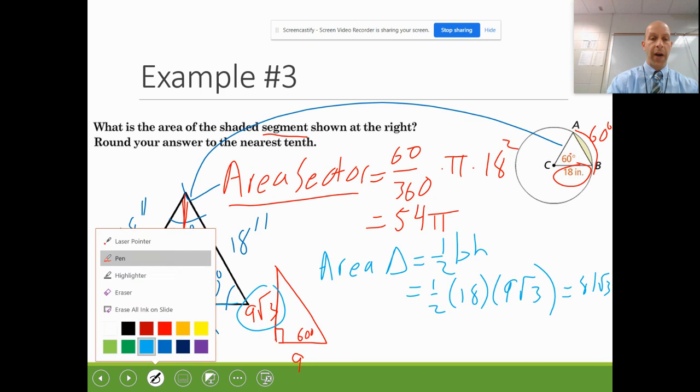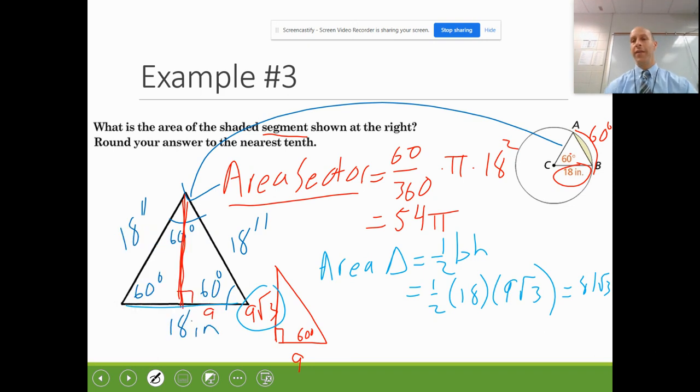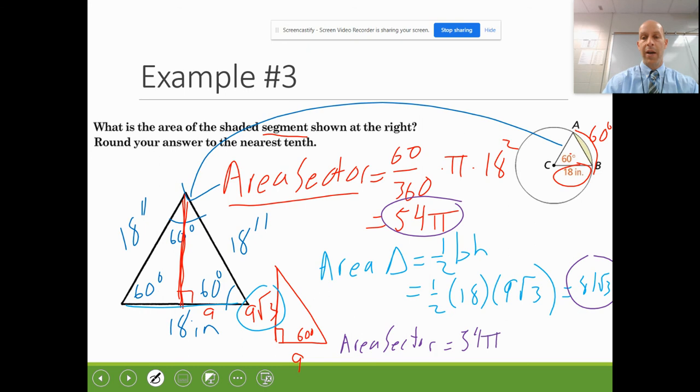Now to get our final answer, by the way, we haven't even done the sector yet. To get the area of the segment, we need to take this answer minus this answer. So I need to do 54 pi minus 81 square root of 3. We're going to go to the nearest tenth.